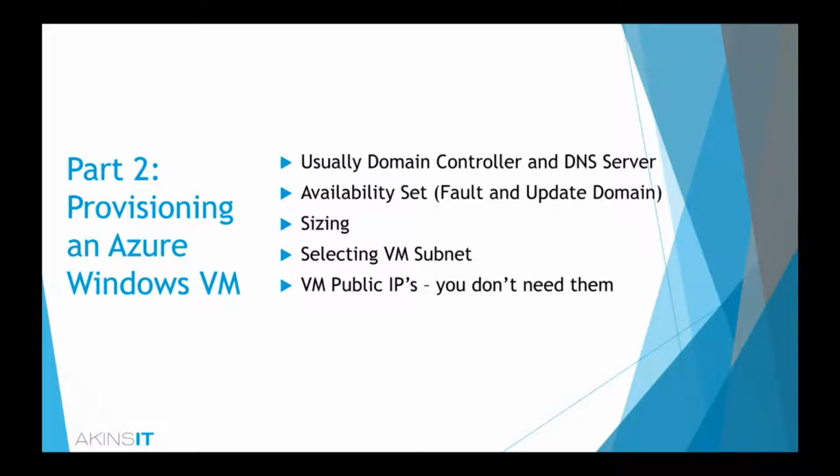I showed you how to deploy them in an availability set. I also showed you the sizing options that are available, selecting the VM's subnet once you deploy it, and then touched on the public IPs on the VMs and how to remove them. Okay.